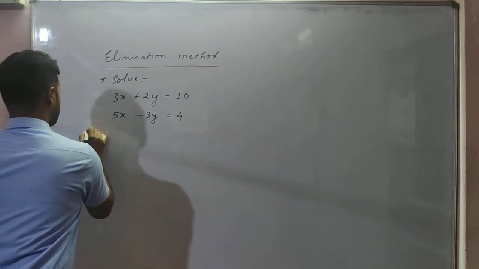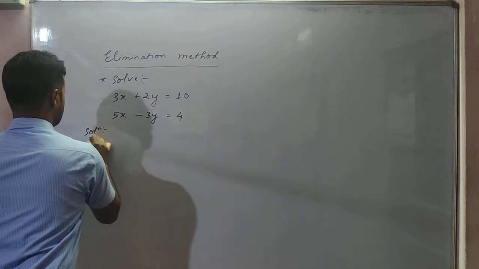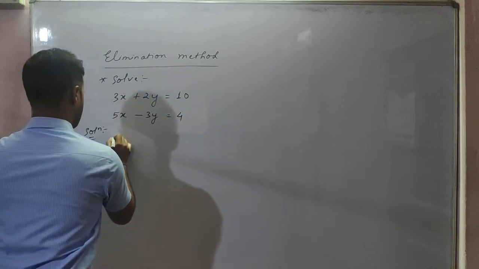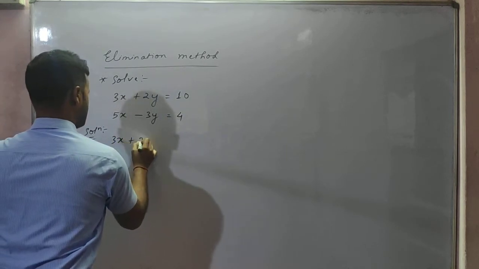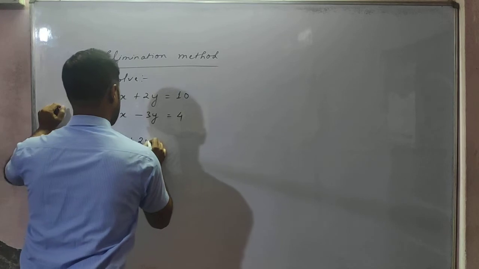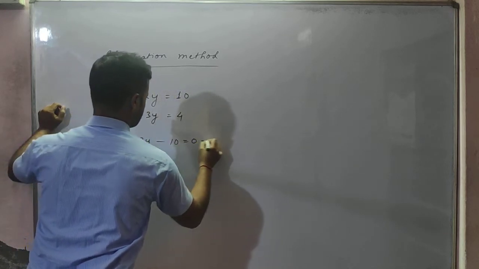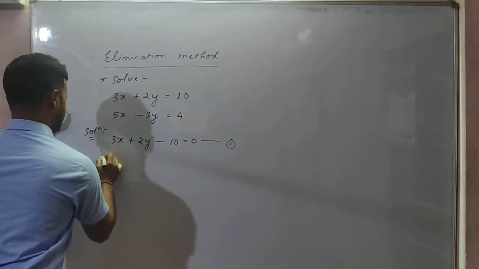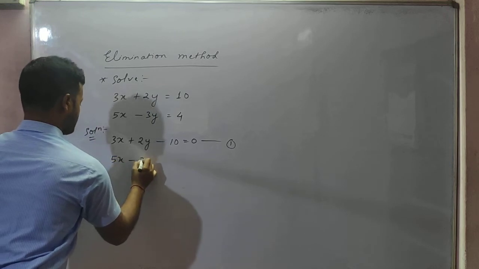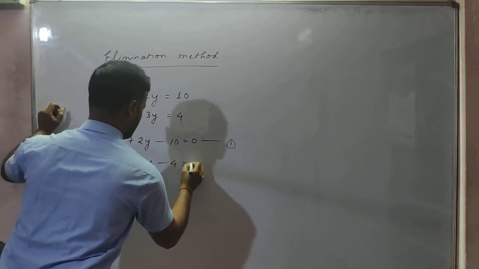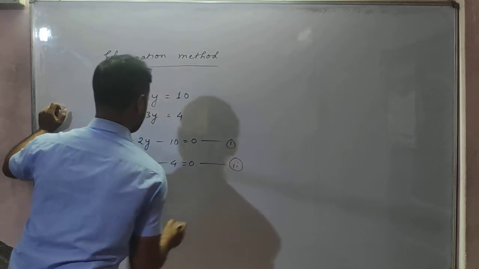Okay, so one and 5x minus 3y minus 4 is equal to 0, multiplied by 2.